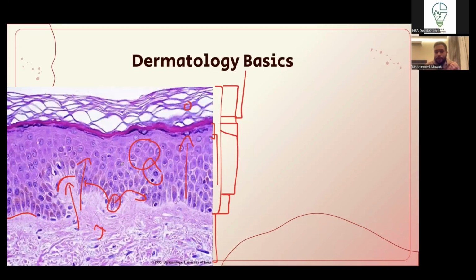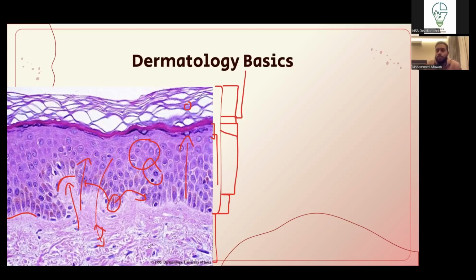Now, there is another cell that is located inside the epidermis, which are called Langerhans cells. These cells are responsible for antigen presentation. They're located in the epidermis. They go down to the dermis, and then they go to lymph nodes. They present the antigen to the T cells, which then turn into mature T cells.